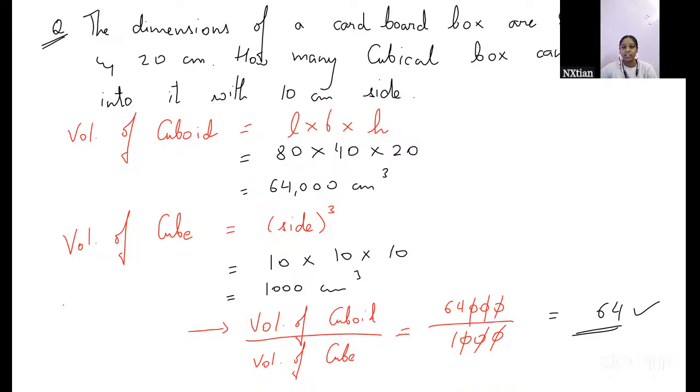You just have to multiply it 3 times. Like 10 centimeter, here it was, so 10 into 10 into 10. If 5 meter, then 5 into 5 into 5. If the measurement of the dimension is in centimeter, the answer will become centimeter cube. If the side is in meter, the answer will become meter cube.